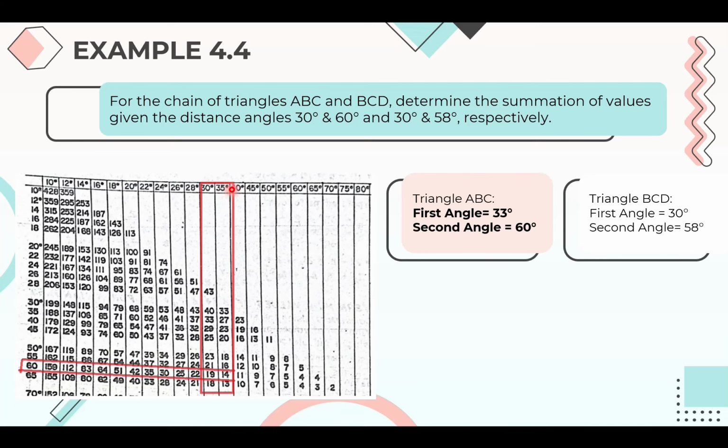So we will be using both values because we know that 33 degrees is somewhere in the middle. And then we go all the way down to 60 degrees because that is the second angle of our triangle. So how are we gonna solve that since we only have 35 degrees and 30 degrees and their corresponding values crossing with 60 degrees?